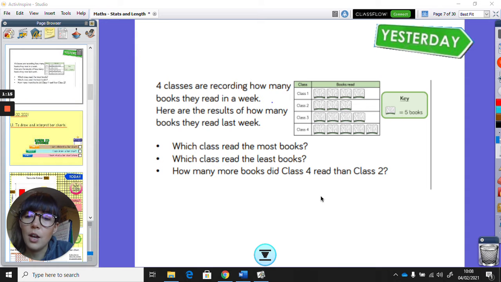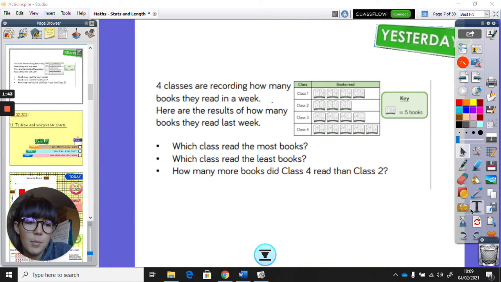So I'm now going to go through the answers. Hopefully you've had a go at answering all 3 of the questions. The first thing that I'm going to do when I'm answering this question is have a look at the pictogram. We can see we've got our class numbers here and the number of books read here. The key shows that the little picture of a book equals 5 books.